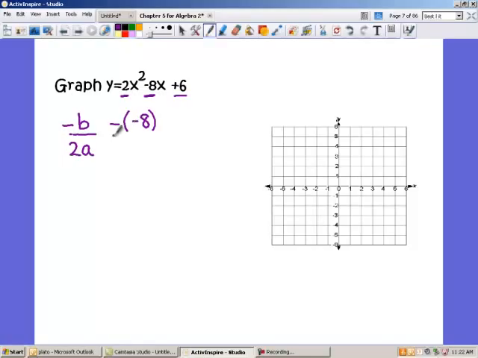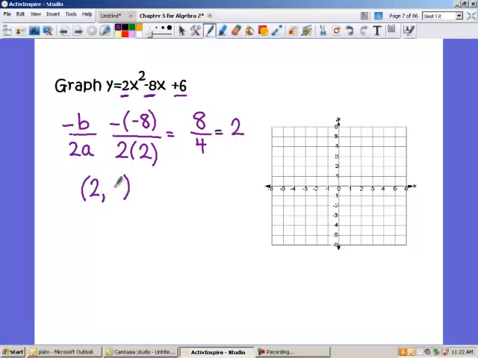We'll have 2 negatives there. And a is 2. So if we simplify this, we have a positive 8 on top and a 4 on the bottom, which results in 8 divided by 4. Well, that's 2.